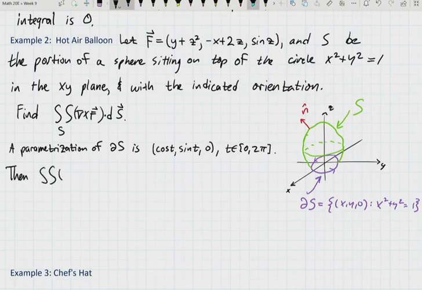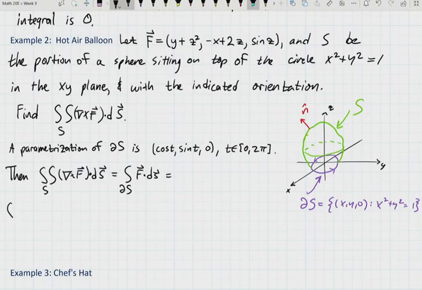Then the flux of the curl is, by Stokes' theorem, the line integral of F dot ds. Sorry, yes, that is right, F dot ds, little s.